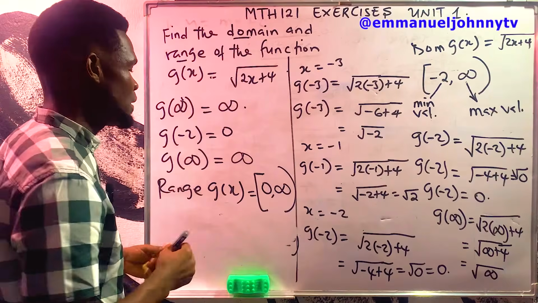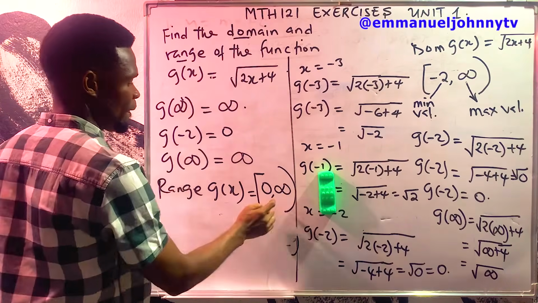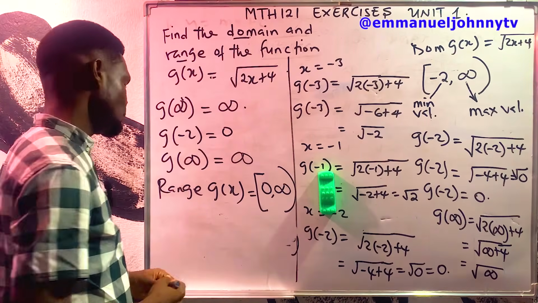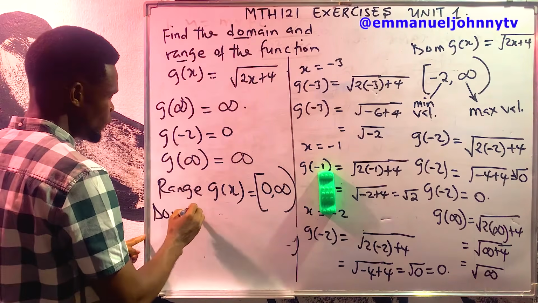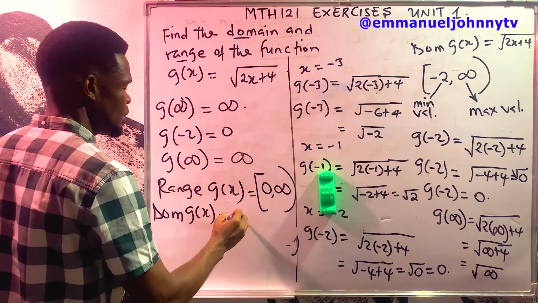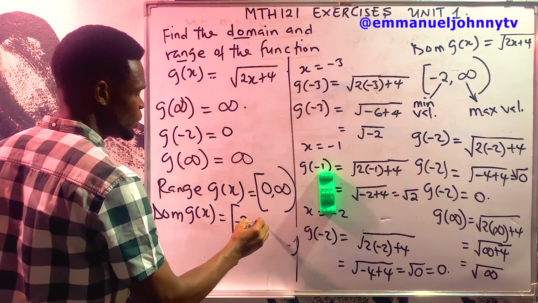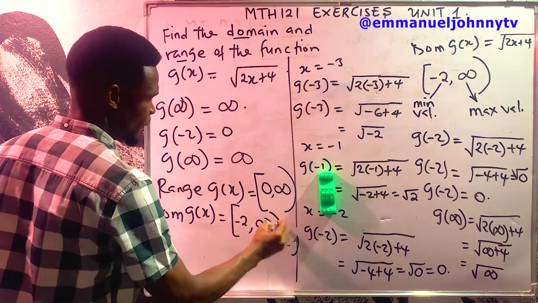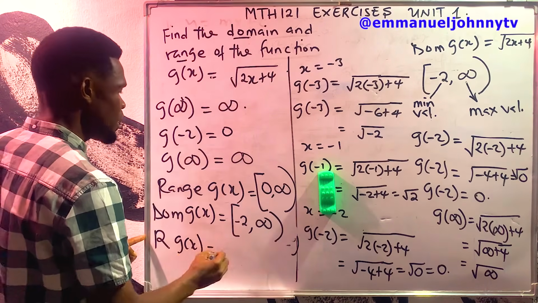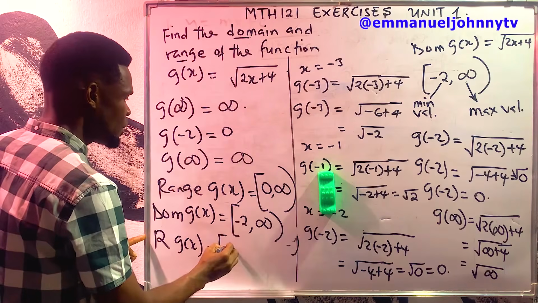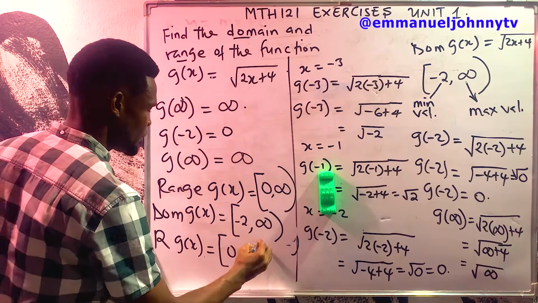So that is the range of the function. So in conclusion, the domain of the function g of x is minus 2 to infinity, and the range of the function g of x is from 0 to infinity.